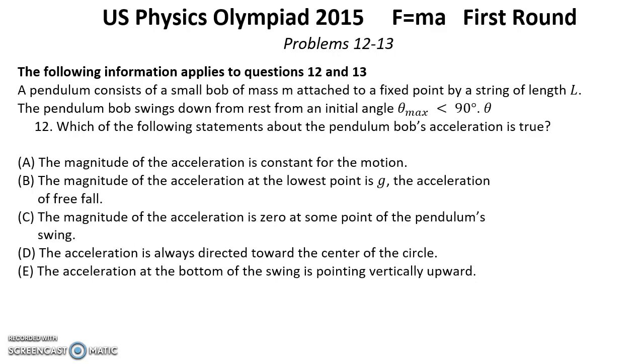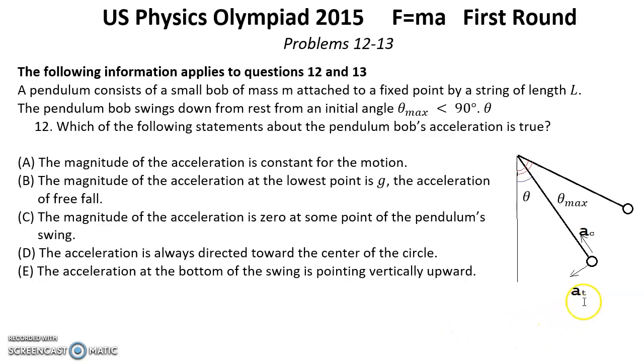Solution. First, let's draw the picture. As we can see from the picture, the acceleration of this pendulum has two components. One is tangential and the other is centripetal. We can write expressions for these accelerations.